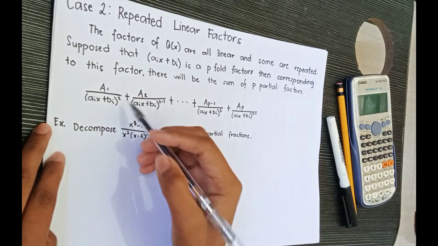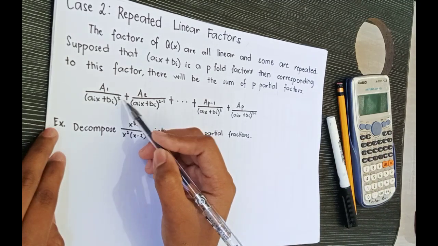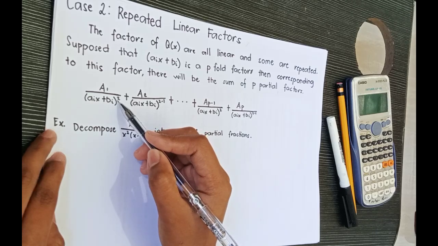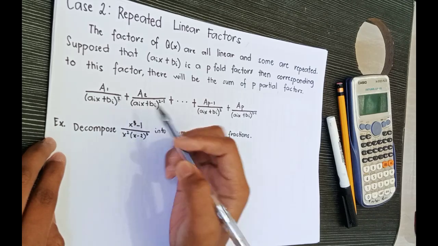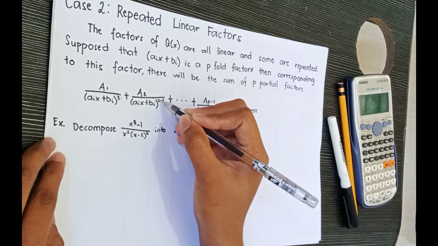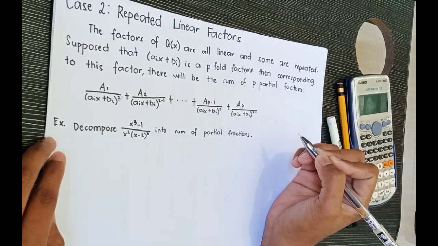So, whatever the degree of our repeated factor is, what we will do is deduct 1 from its exponent.